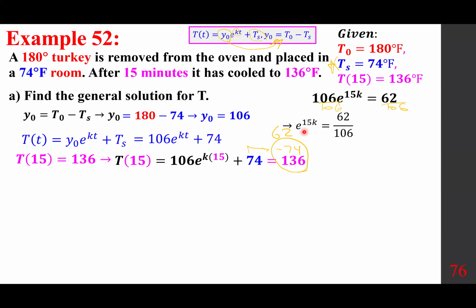At this point, anytime you have an exponential and you want to get to its exponent, you have to take a log. Because the base is e, we're going to take a natural log of both sides.